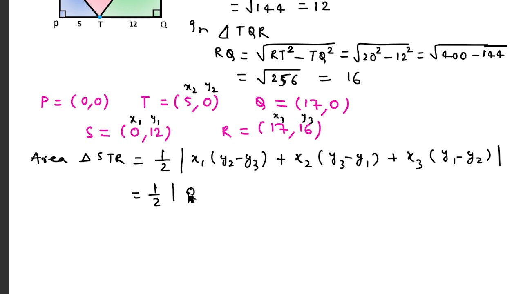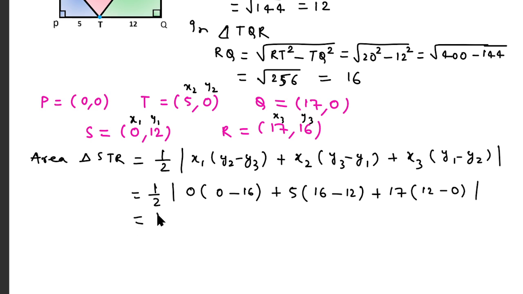X1 is 0, y2 is 0, y3 is 16, plus x2 is 5, and y3 is 16, and y1 is 12, and x3 is 17, y1 is 12, and y2 is 0.